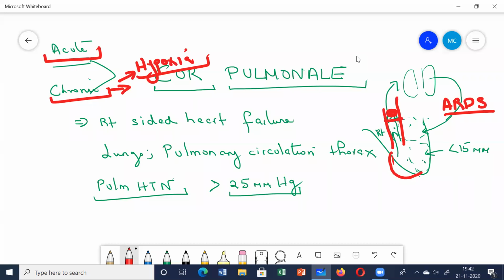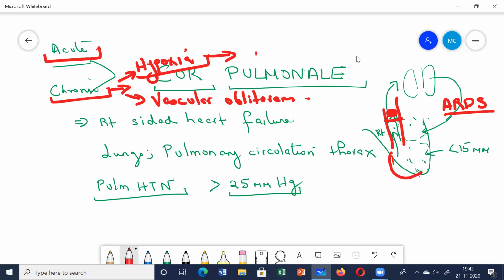One is hypoxia, as I told you, and another is vascular obliterance. I'll tell you what vascular obliterance is and the most common causes of these two. Hypoxia means less oxygen is reaching the pulmonary circulation. So what is the most common cause of hypoxia?